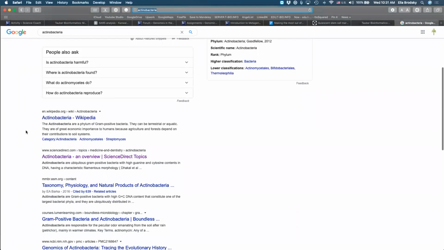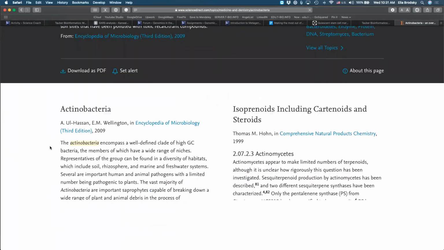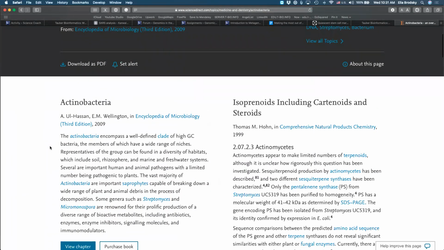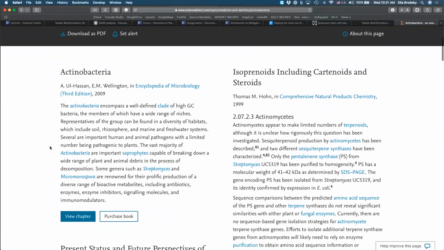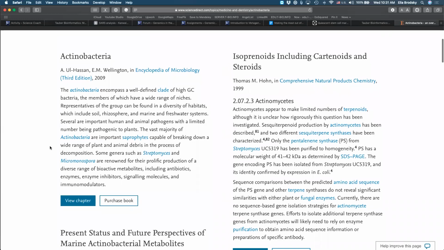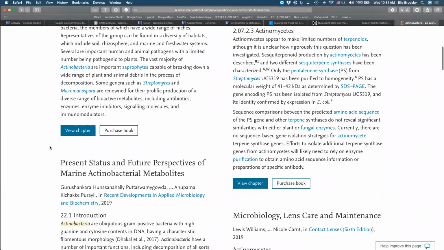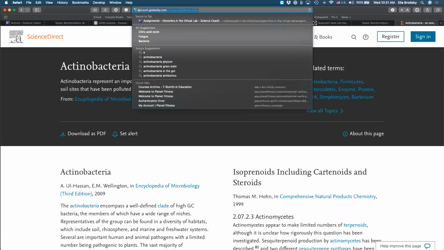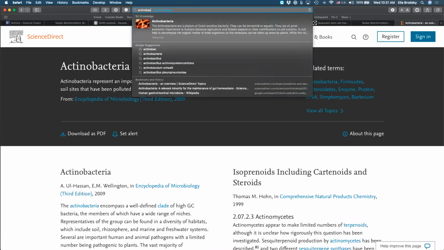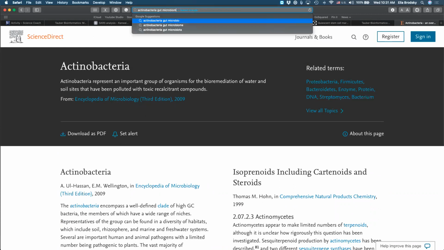Let's see. We can look at maybe actinobacteria and gut microbiome.